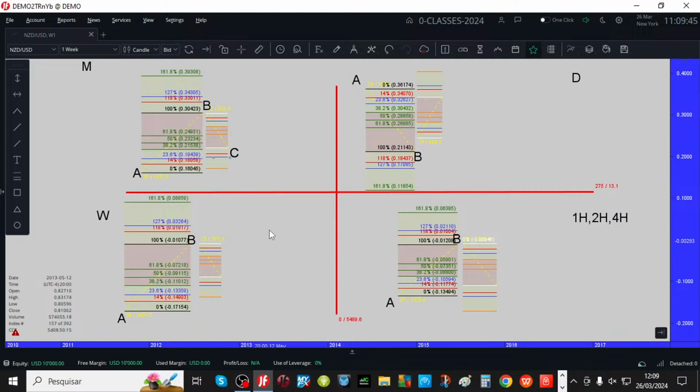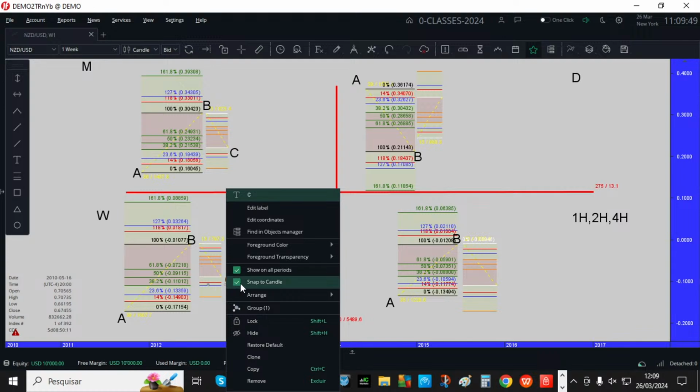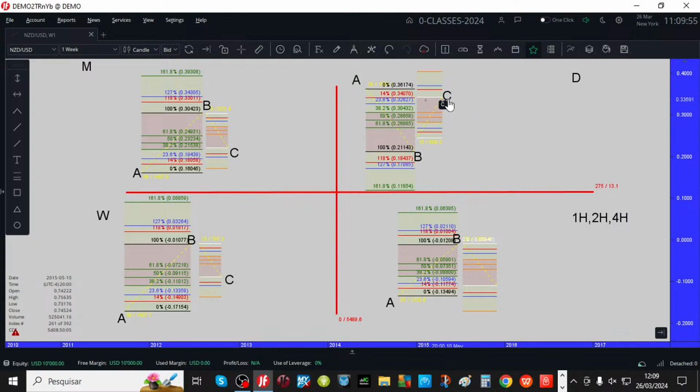The C, that's the C, not confirmed. C is not confirmed. C is confirmed, and one more time, clone. C is confirmed, right?